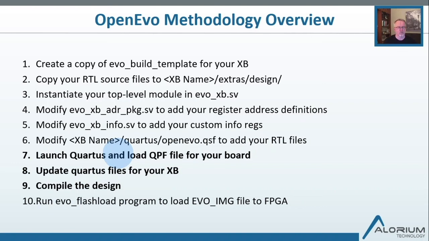Once we have a clean compile, then we can run our Evo flash load program and load our Evo image into the FPGA. With that image loaded in the FPGA, you will now be able to test your design in hardware and iterate on that process of modifying your source file, recompiling, reloading your FPGA, rinse and repeat.